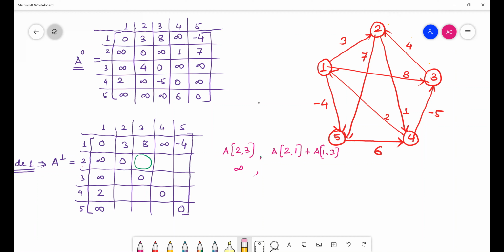Okay? A2 to 1 is how much? There is no directed edge. This will also be infinite. Plus A1 to 3 is how much? 8. A1 to 3 is 8. So this is infinite, and infinite plus infinite is also infinite. If I take the minimum value from this, what I get?